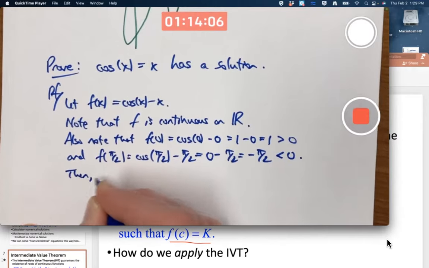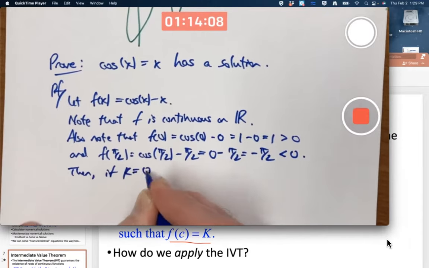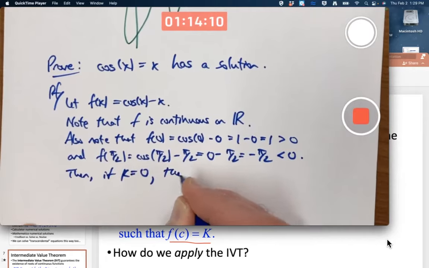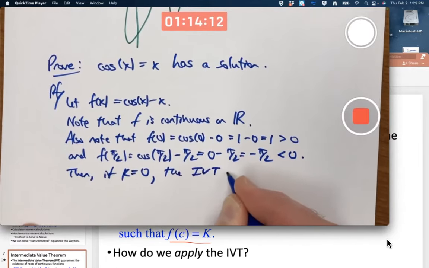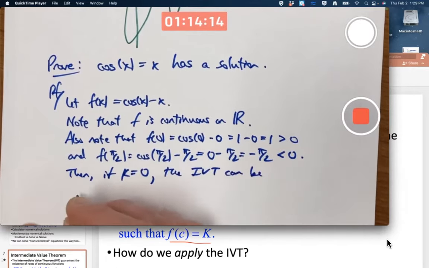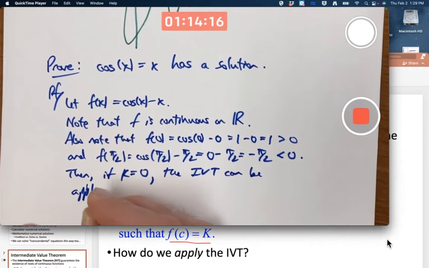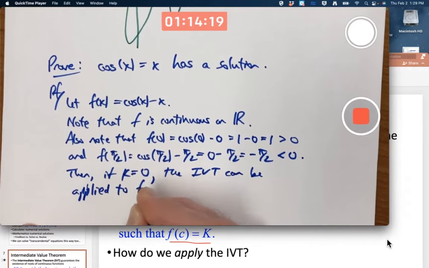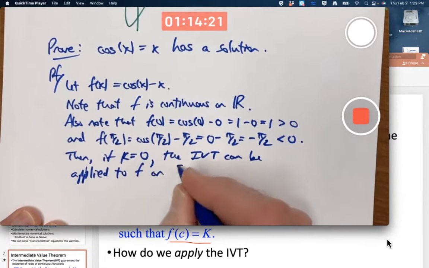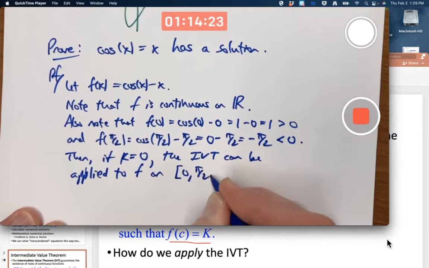Then, if capital K equals 0, the intermediate value theorem can be applied to f on the interval from 0 to pi over 2.